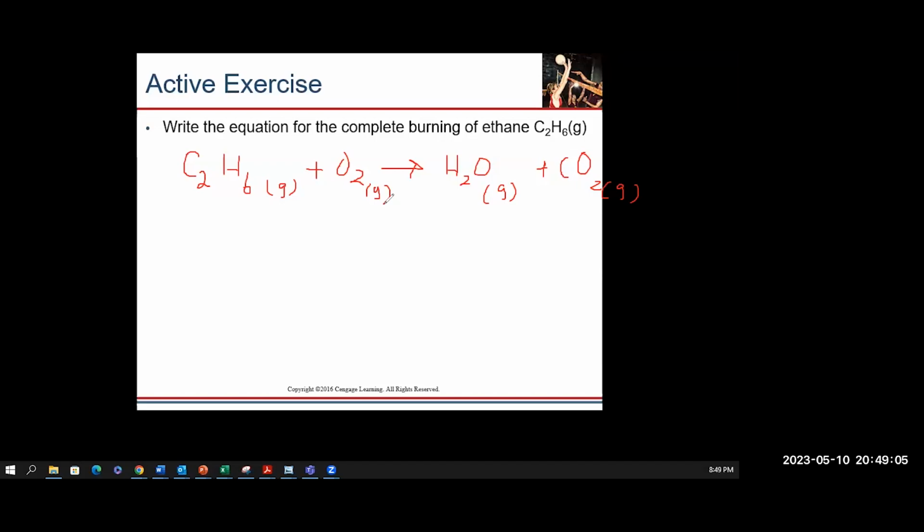Yes, it is balanced. No, maybe. No. No. Okay, so what do I need to do to balance it?